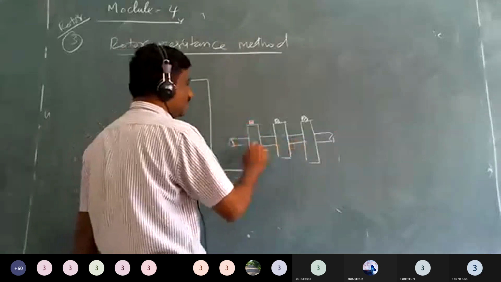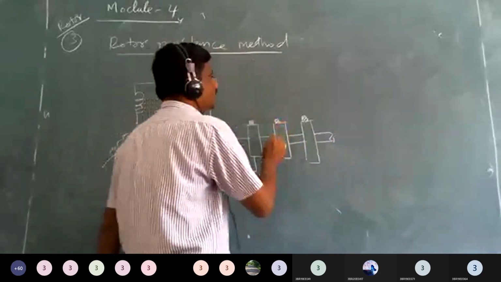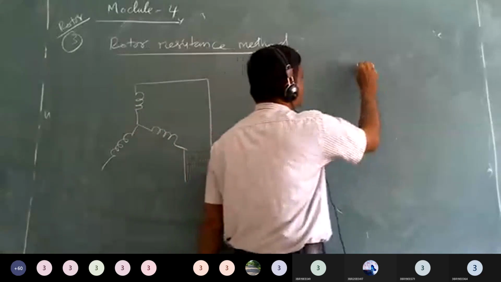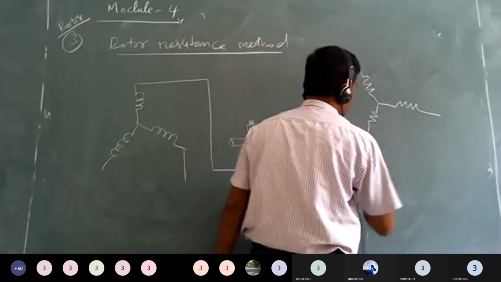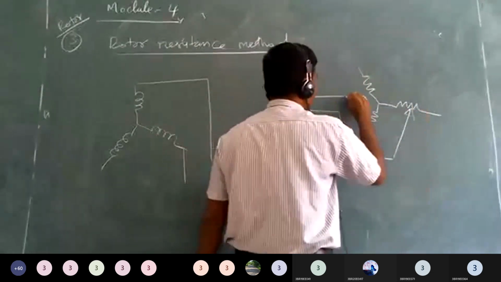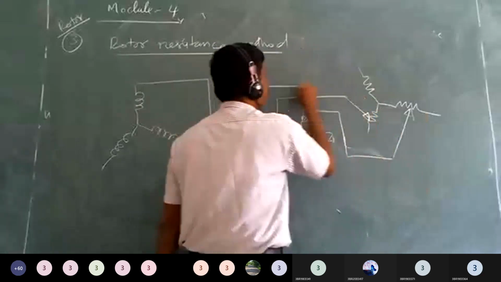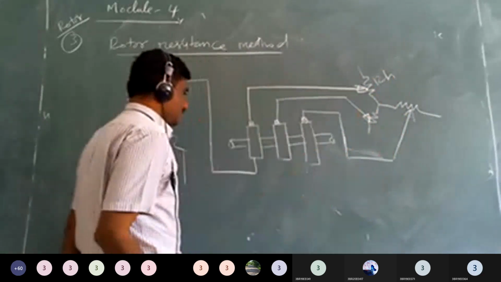These are the slip rings, fixed on the shaft. These are the brushes. They are externally connected to the variable resistance, like this. This is the rheostat, variable resistance, external resistance.